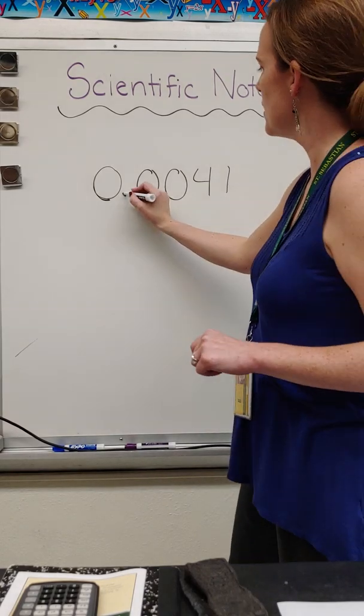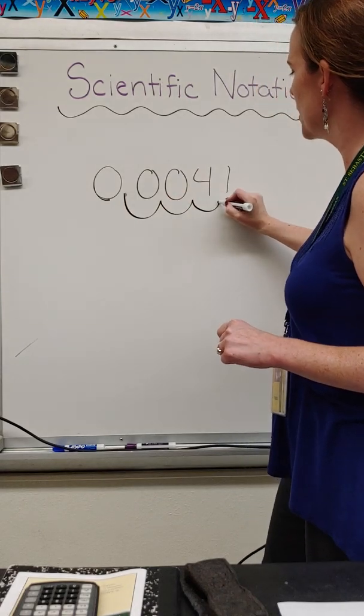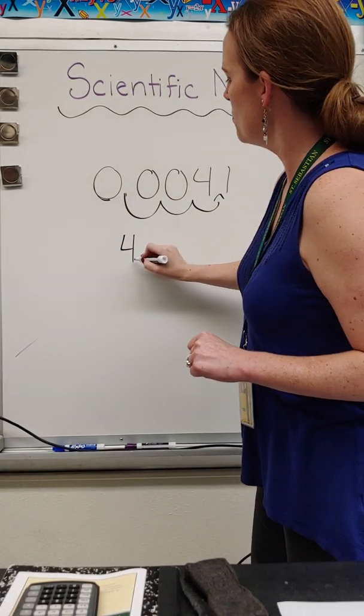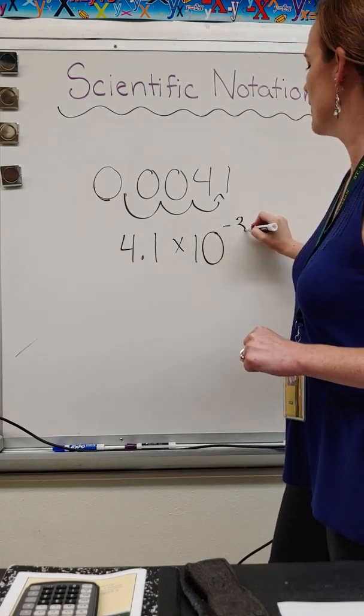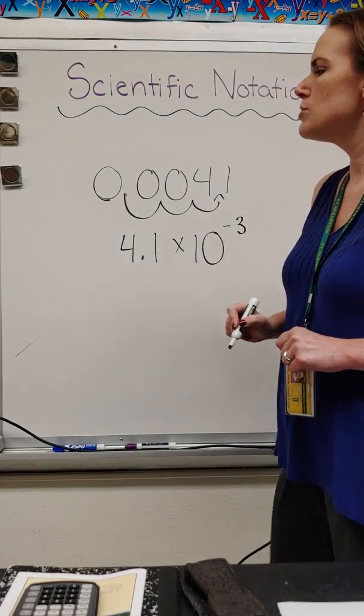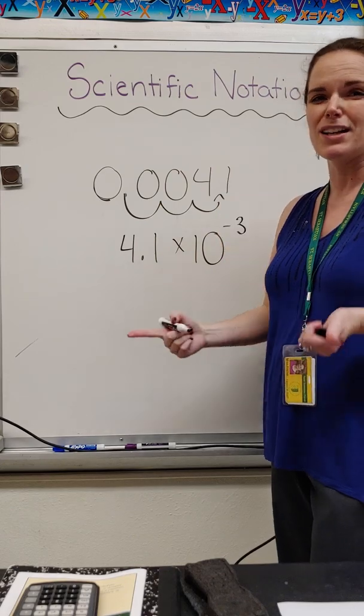So this is going to be 1, 2, 3, so it's 4.1, and it's times 10 to the negative 3. When you start with a small number, your exponents are negative.